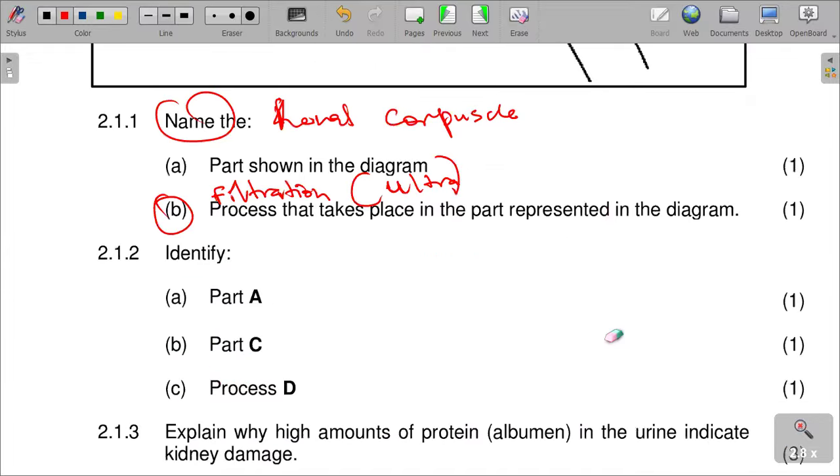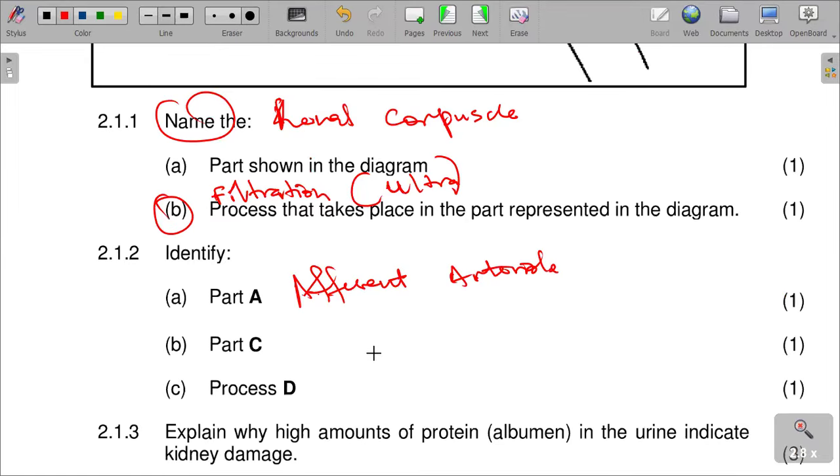The question wanted to identify part A, C, and D. Part A, I've already said, is the afferent arteriole.